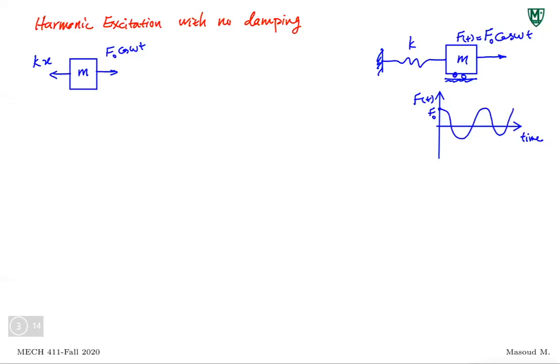On the other side, this is M, and this would be m x double dot.